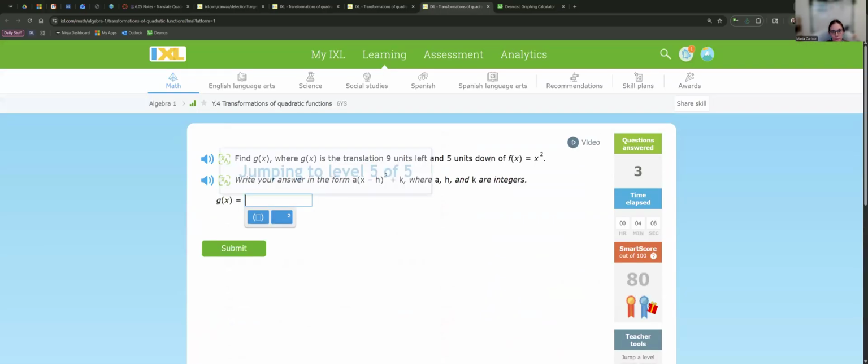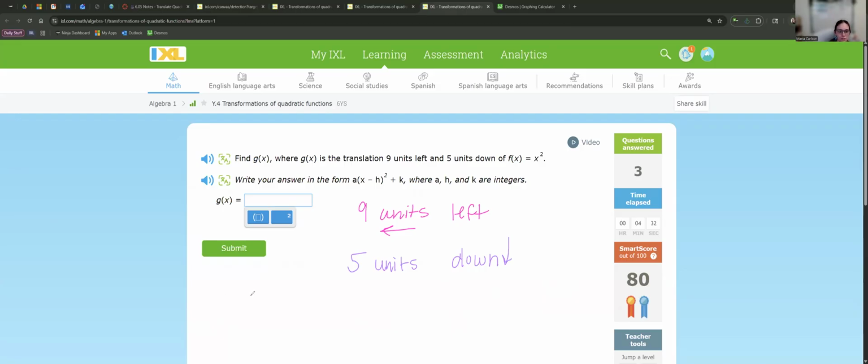All right, I wanted one more, like this one. We're going to find g of x, where g of x is the translation 9 units left and 5 units down. And our parent function is just f of x equals x squared. So to move 9 units left, we're moving horizontally. That's directly affecting x values.